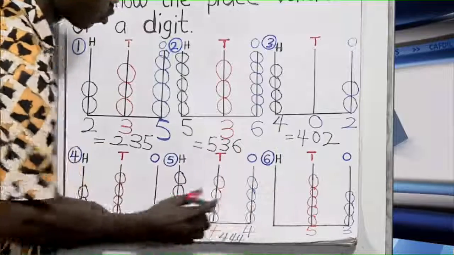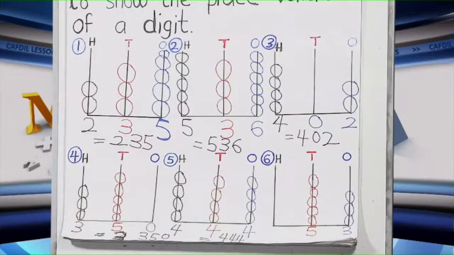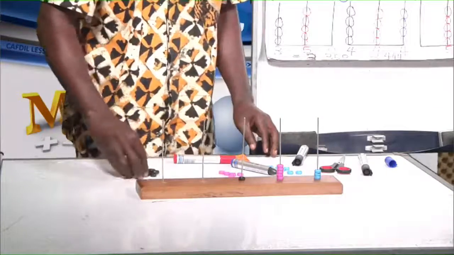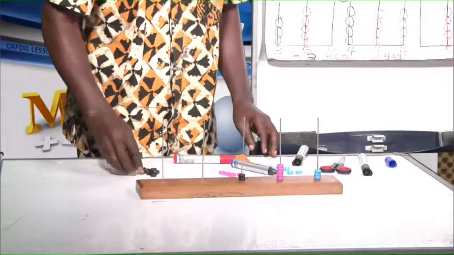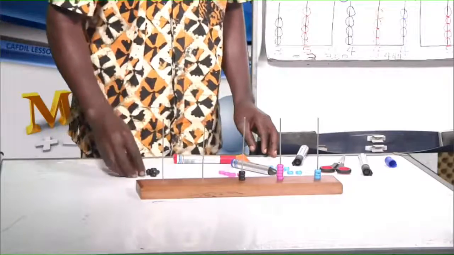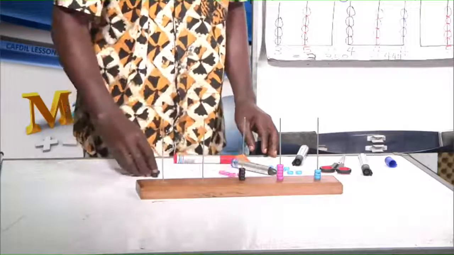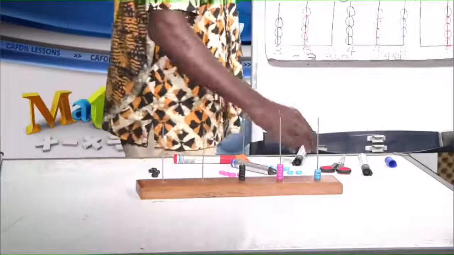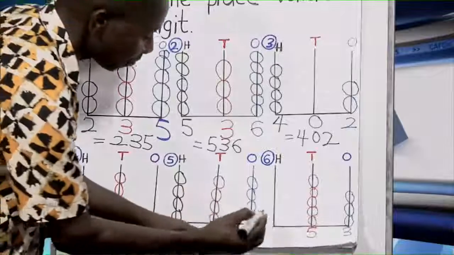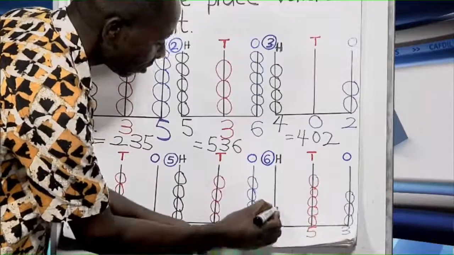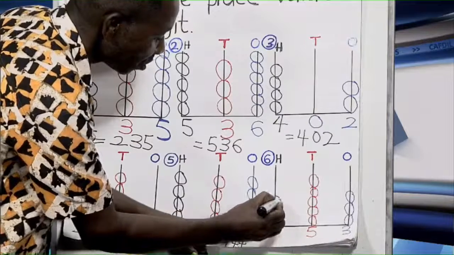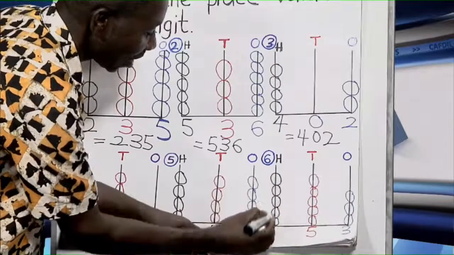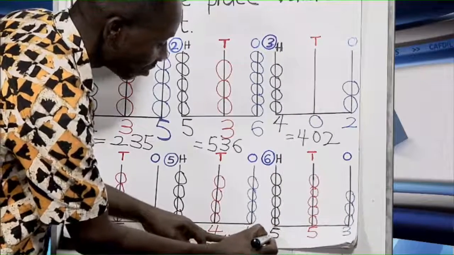And then let's come to the hundreds column. 1, 2, 3, 4, 5. So under the hundreds column, we have 5. 1, 2, 3, 4, 5. So we also have 5 here.